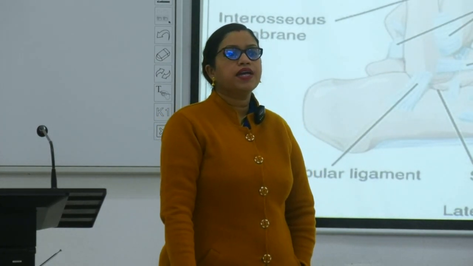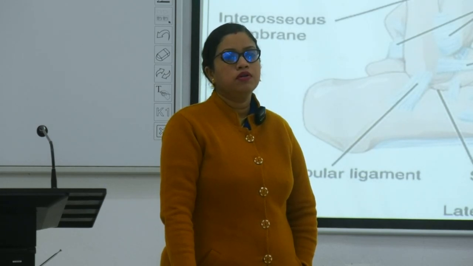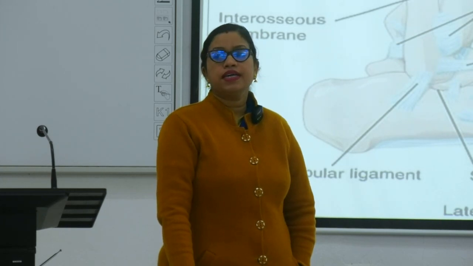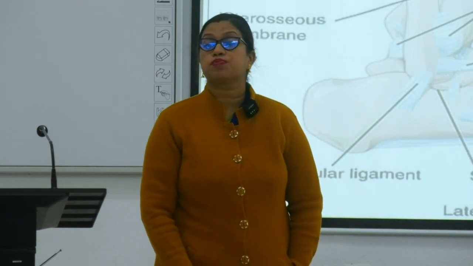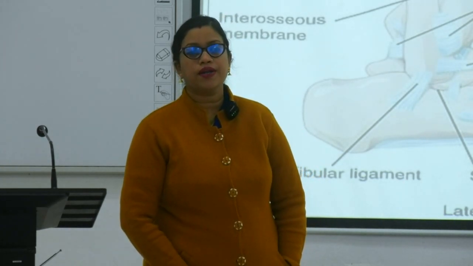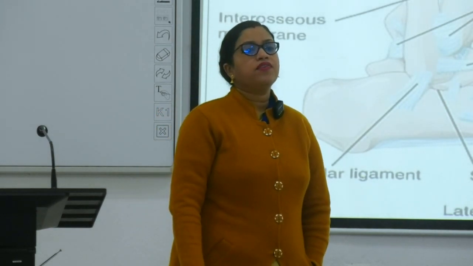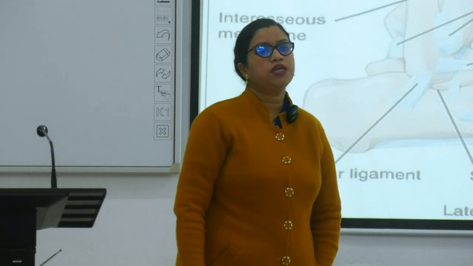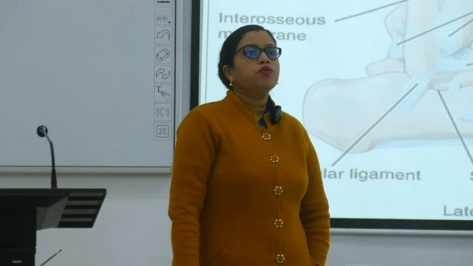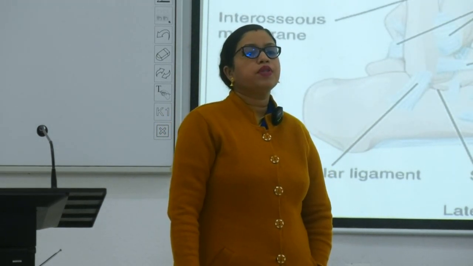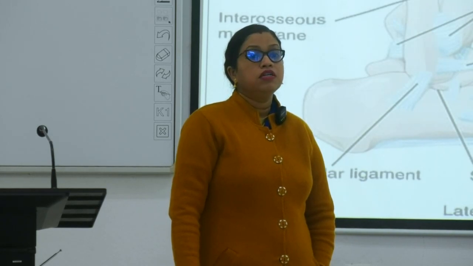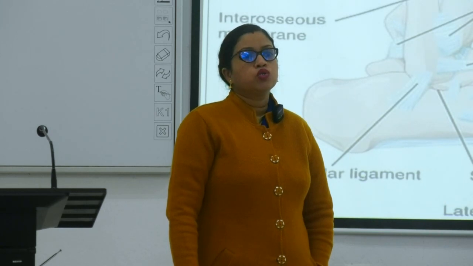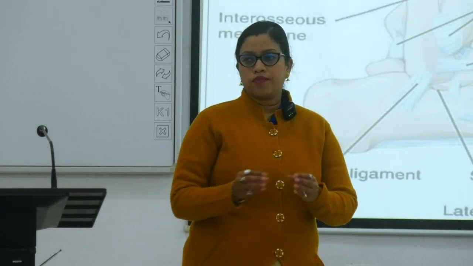Middle and inferior are examples of which cartilaginous joint? It is a type of syndesmosis. So write it down: the inferior tibiofibular joint is an example of syndesmosis.